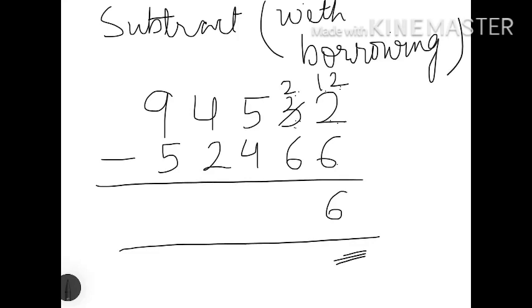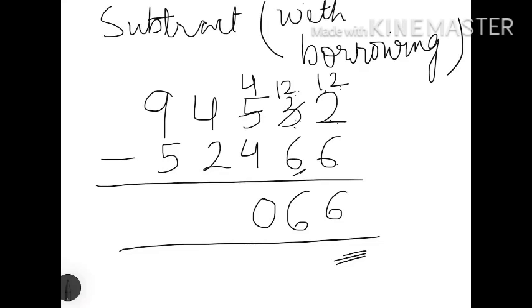Now this 2 is smaller than this 6, so it will again borrow, and when it borrows it will become 12 now. So 12 minus 6 is 6. Now this 5 has given 1 to the neighboring digit, so it will become 4. So 4 minus 4 is 0.